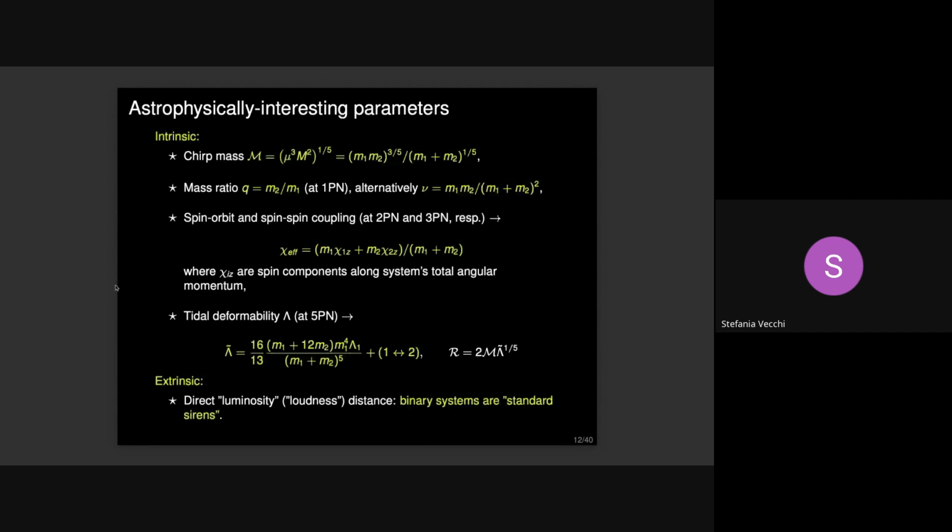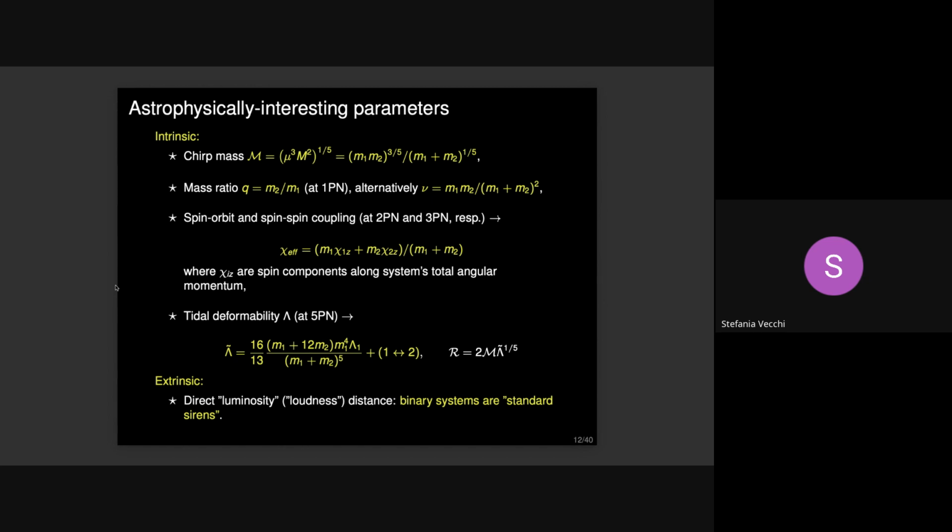So those binary systems, well described systems, are sometimes called standard sirens, similarly to standard candles in electromagnetic astronomy. So this makes gravitational waves an interesting tool because of slightly different things that may be compared with traditional astronomy.